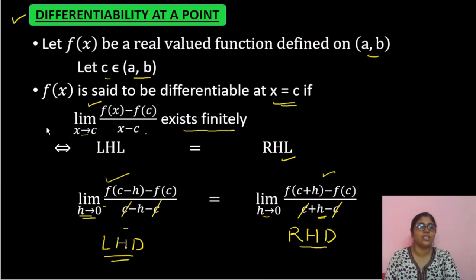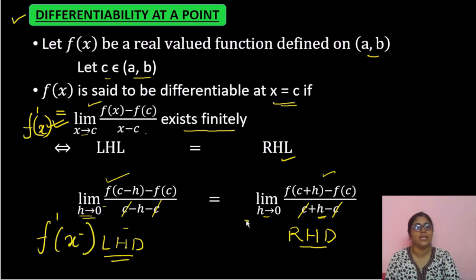So this is known as the derivative, or we can say f dash x. f dash x is equal to the limit of x tends to c, (f(x) minus f(c)) divided by (x minus c). So LHD is known as f dash c minus, and RHD is known as f dash c plus.